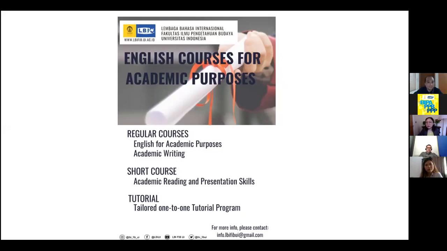We also provide the specific academic writing program, which consists of 3 levels, from elementary to the upper intermediate level, 1 academic reading and academic presentation program. And there's also a tailored one-on-one tutorial program, in which the participants have the liberty to choose which academic skills specifically they want to enhance.